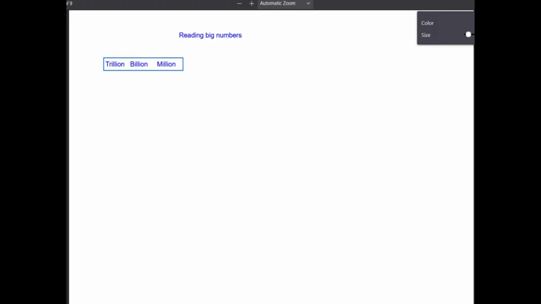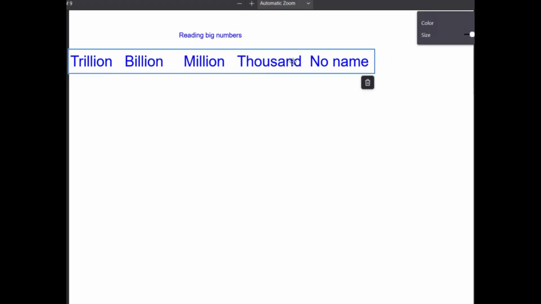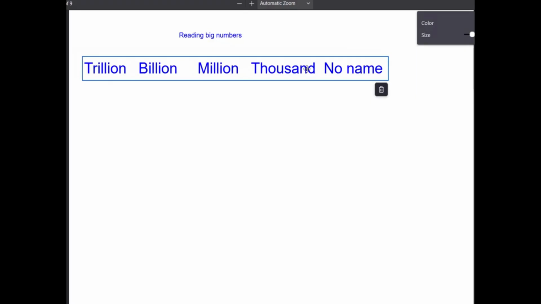Less than million, we have thousand. And less than thousand, we have the hundreds, but I prefer calling it no name. I will tell you later on why. Okay, these are the groups.